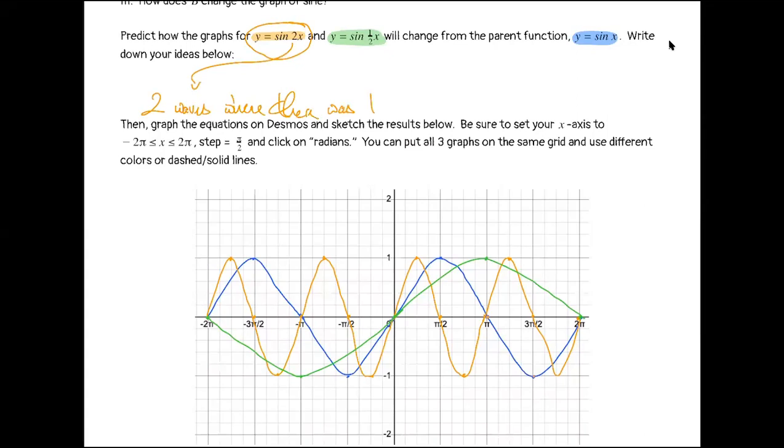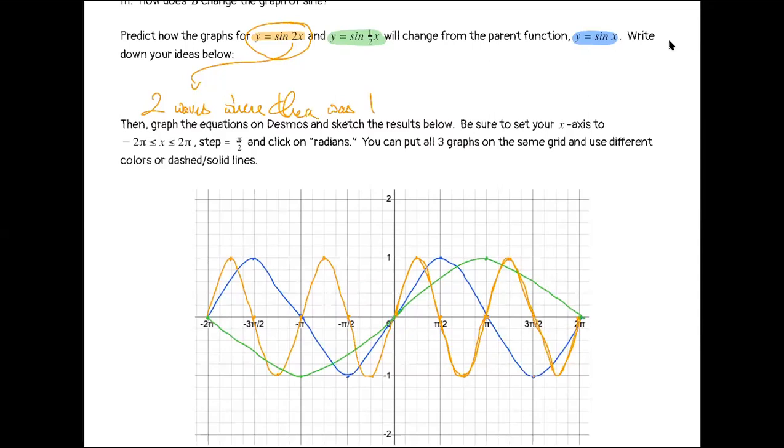Okay, so if you look at the orange one, there are 2 waves. If I go up and then down and then up, that's 1 wave, right? But I'm not done with the wave of the original one yet. So I go up and down and up.